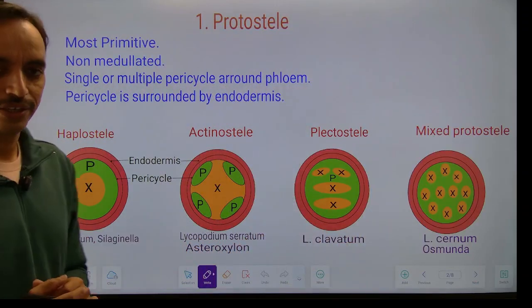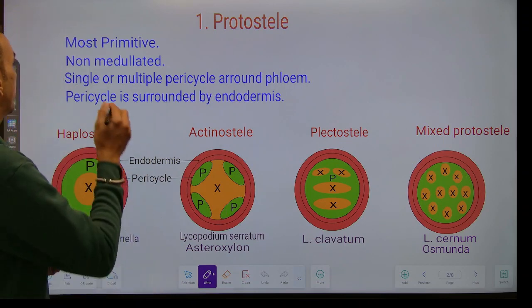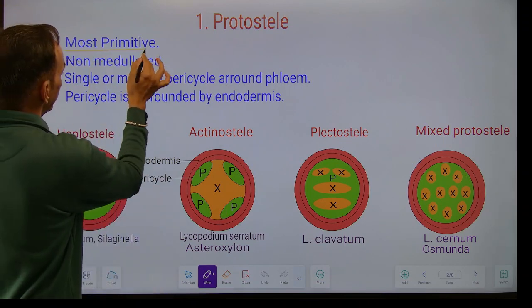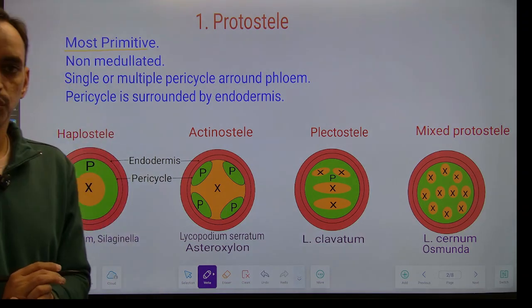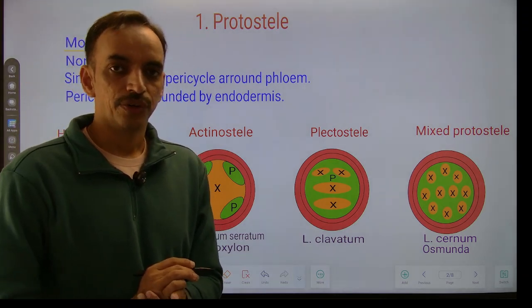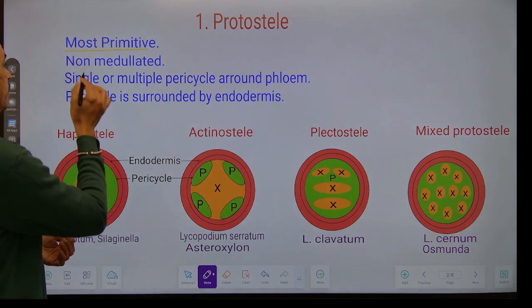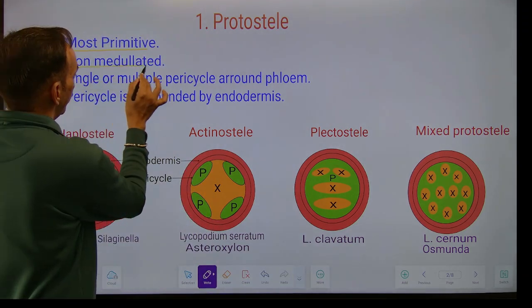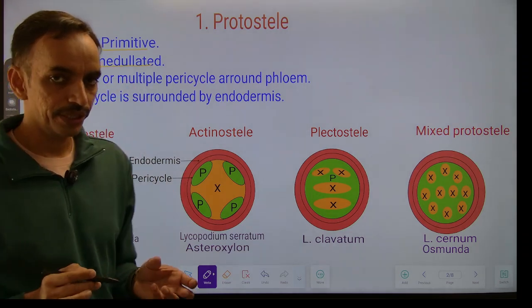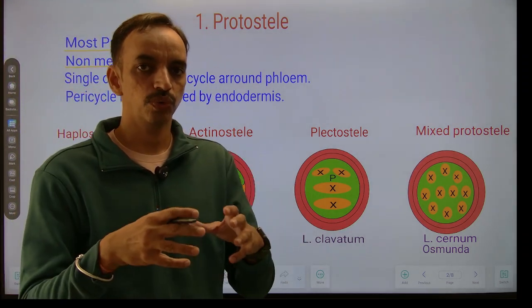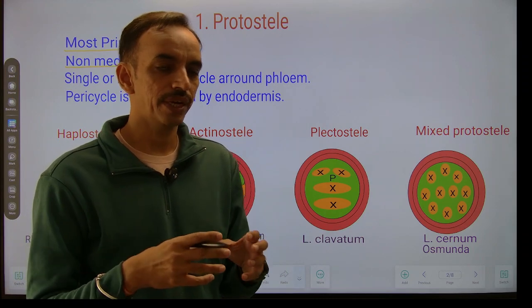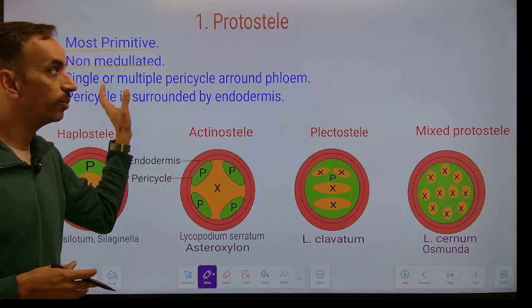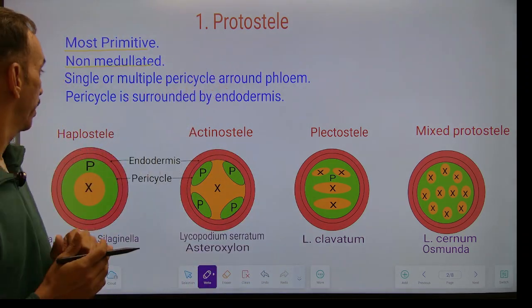So protostele, as we already stated, is the most primitive type of stelar system. It is non-medullated. Non-medullated means they do not have a central pith or medullary tissues. That's why they are non-medullated and known as protostele.